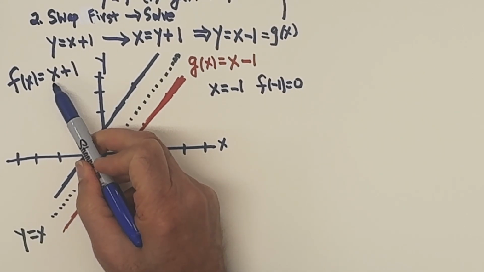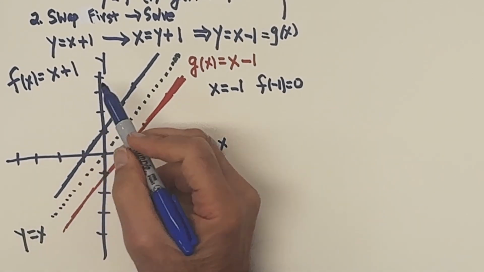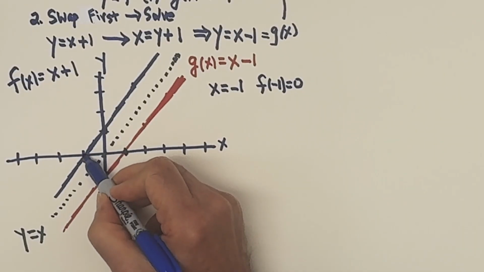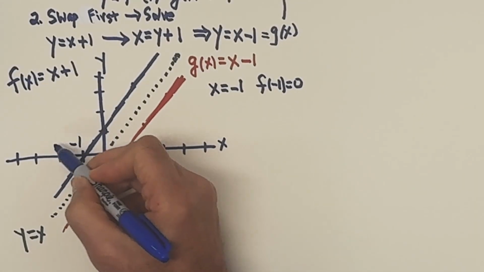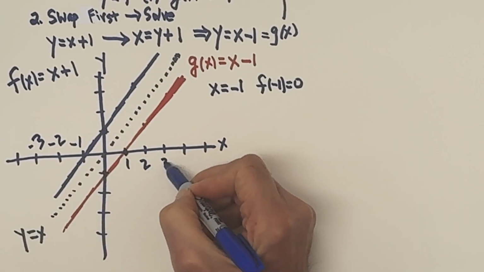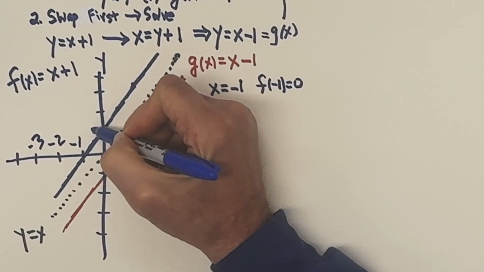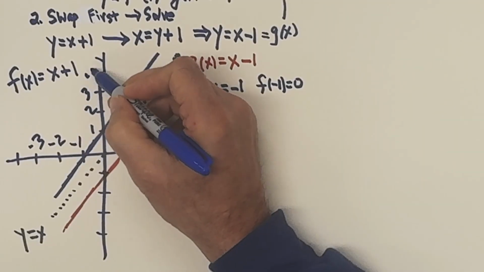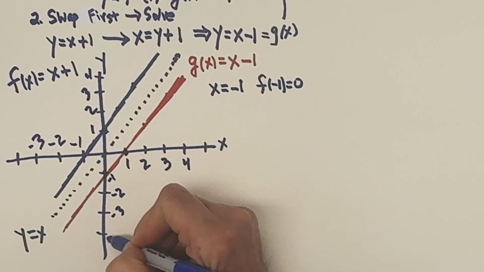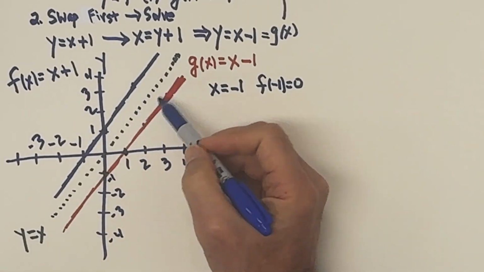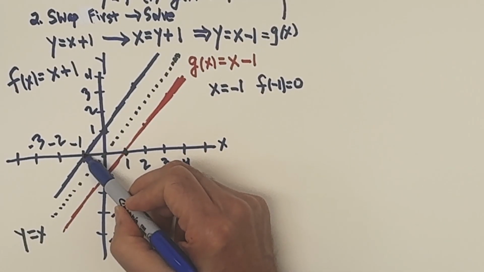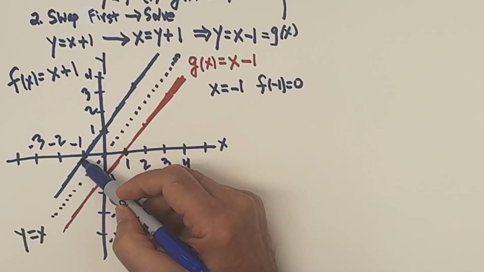If you want to see where that is, x is minus 1 over here, minus 1, minus 2, minus 3. This is 1, 2, 3, 4, and this is minus 1, minus 2, minus 3, minus 4. So when x is minus 1, your y, or your height, is at 0.